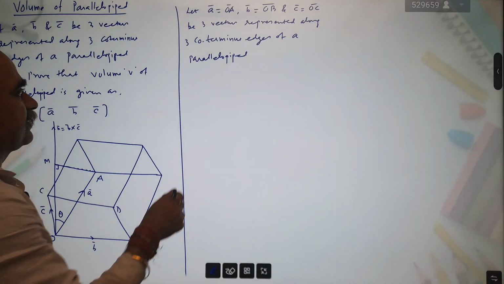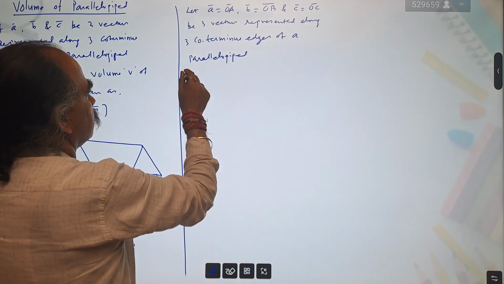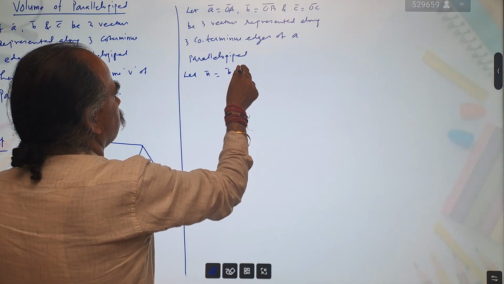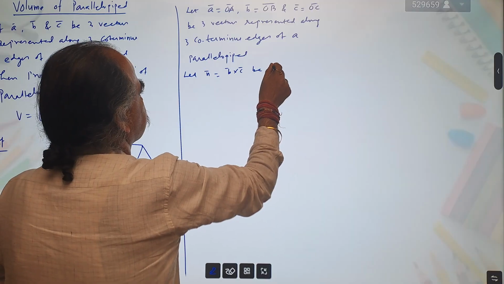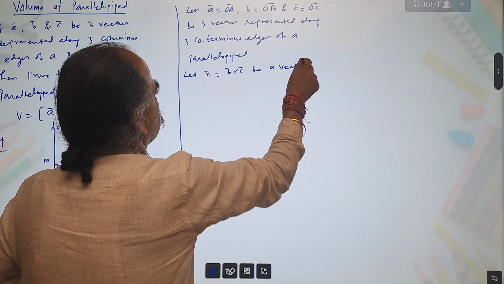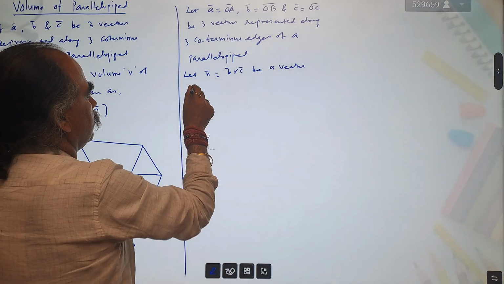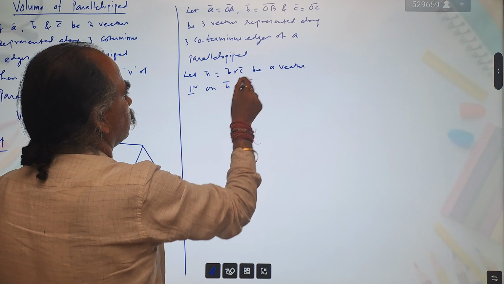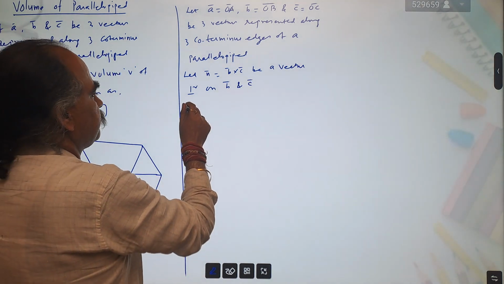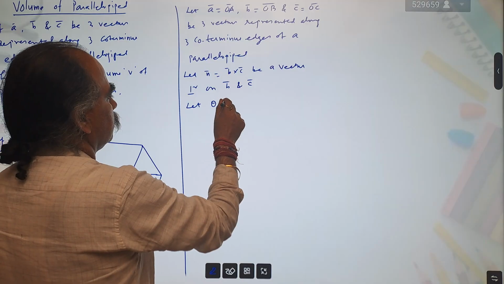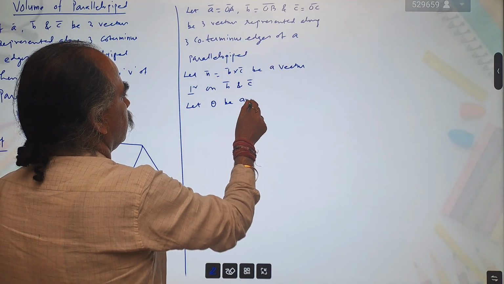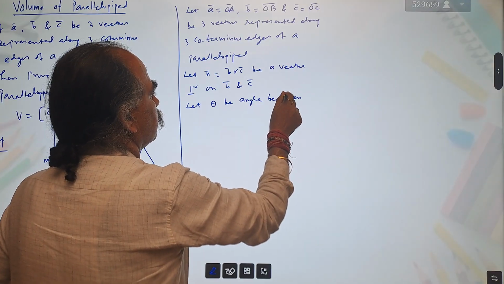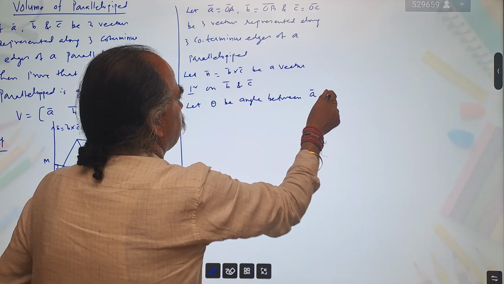Let N bar is equal to B bar cross C bar, be a vector perpendicular on B bar and C bar. Let theta be angle between A bar and N bar.